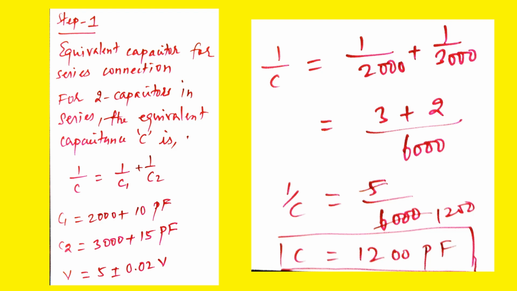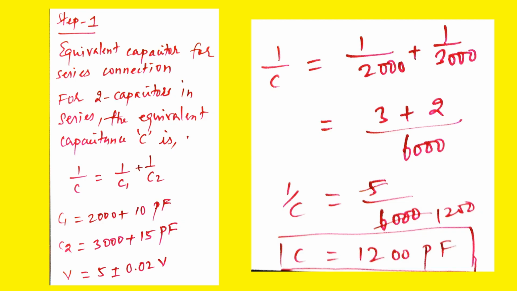First step, the equivalent capacitance for series connection. For two capacitors in series, the equivalent capacitance C is given by 1 by C is equal to 1 by C1 plus 1 by C2.